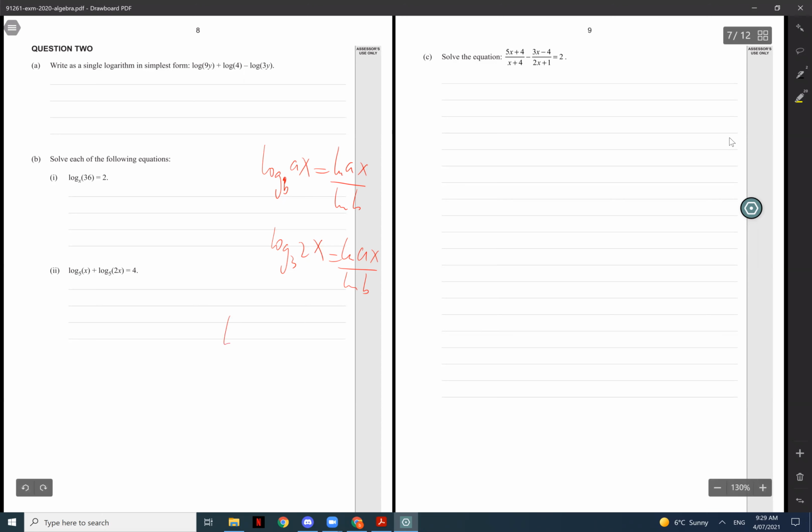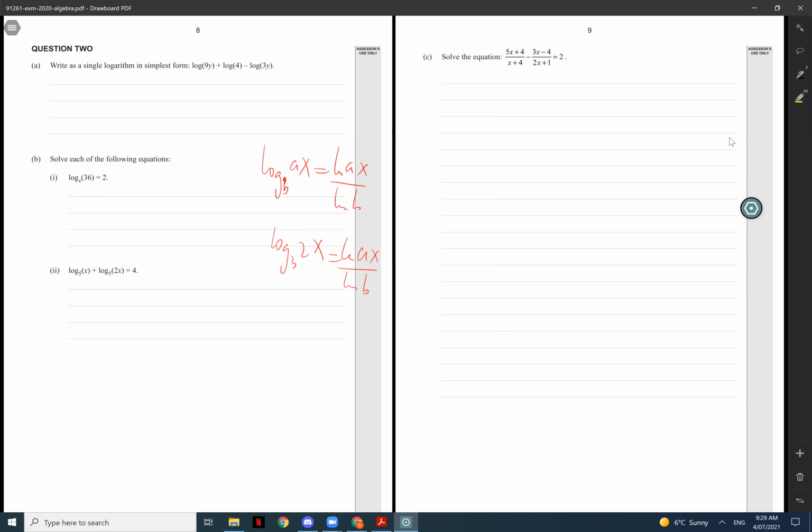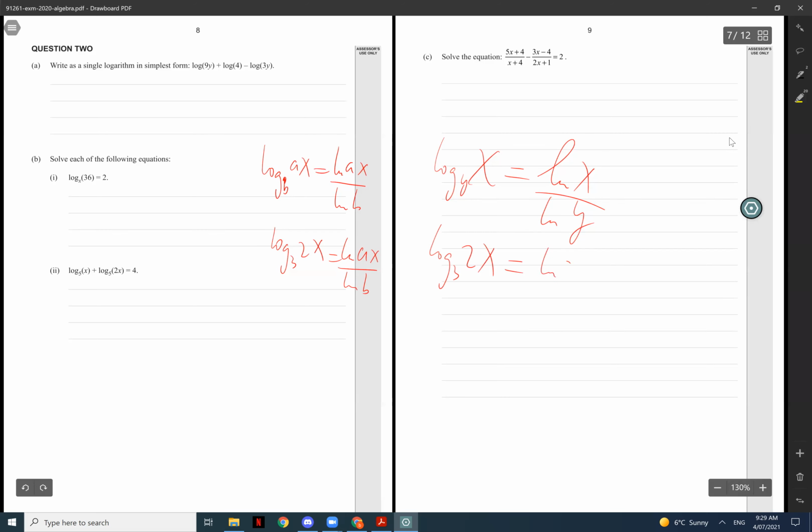Yes, A is just 2, B is just 3. The idea is like here, log y of x, the formula is ln x over ln y. That's why log 3 of 2x is ln 2x over ln 3.